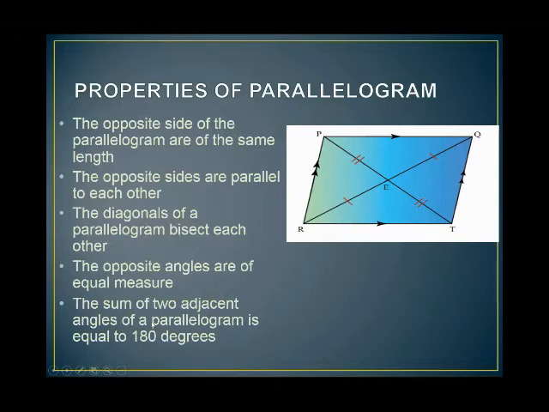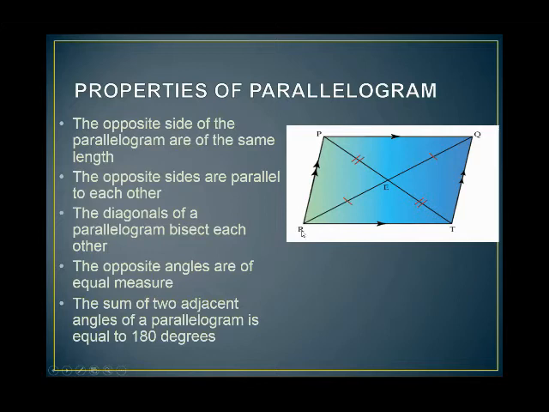The sum of two adjacent angles of a parallelogram is equal to 180 degrees. First we have to understand what adjacent angles are. If we consider angle R, angle R is adjacent to angle T and angle R is also adjacent to angle P. So if we add angle R and angle T, it will always equal 180 degrees.